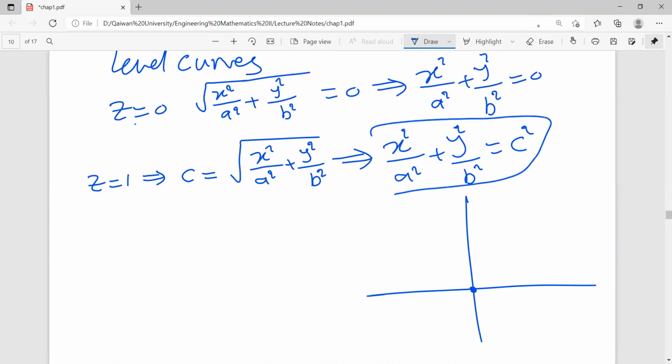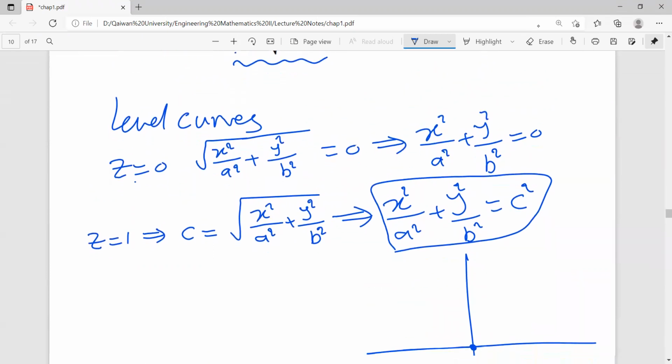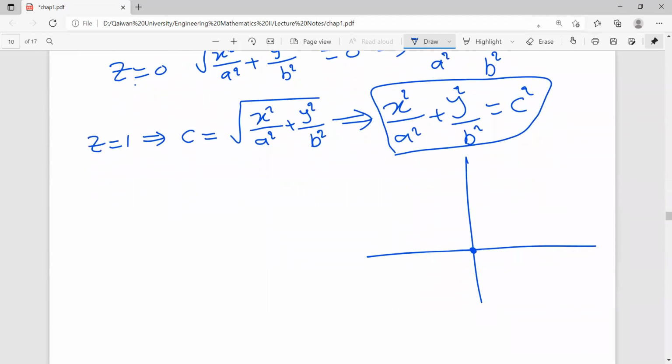This is the equation of an ellipse. Here a is the denominator of x squared, so we divide both sides by c squared to get one on the right hand side.